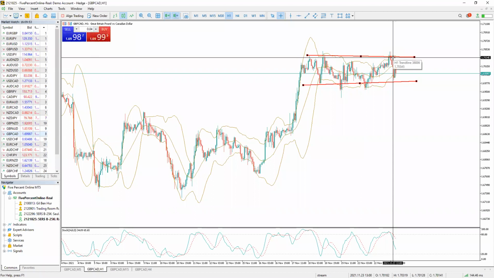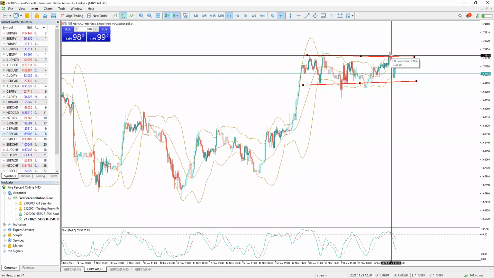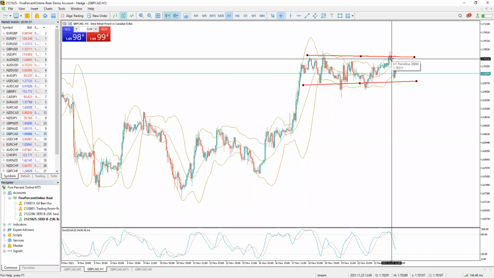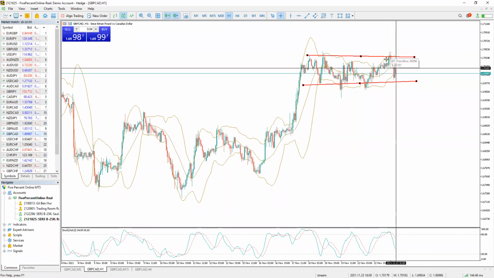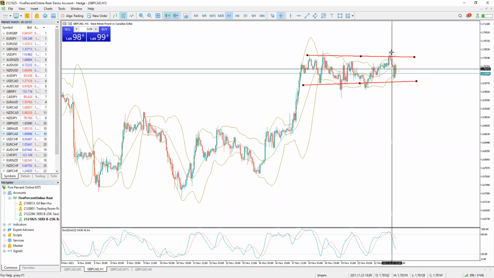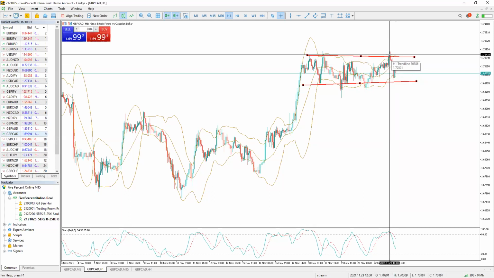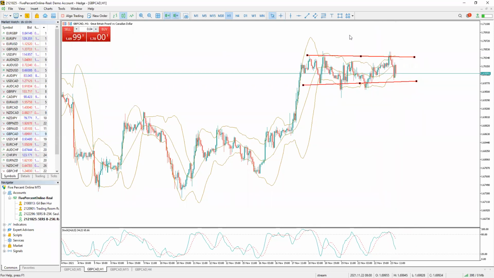So we had here, for example, a signal to go short at this point. This would be for day trading. If you want to position yourself, you can position yourself here, maybe two times. Or you can wait for the market to break below and then make a retest.